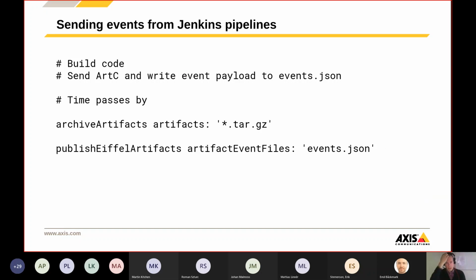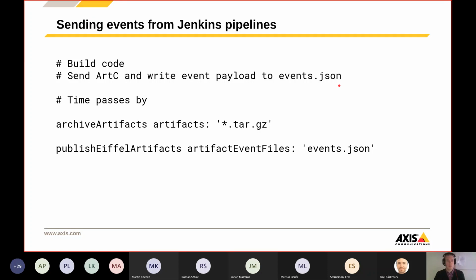So let's take a look at what this could actually look like. At the top, you would have code for building code, producing binaries, and you would somehow send the artifact creation and write the event payload. This could either be through a direct connection to the broker, or you use RemRem.